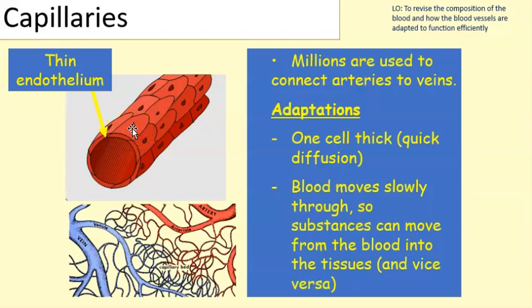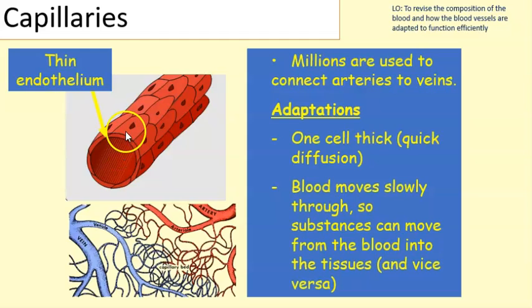That's a really important adaptation because it means that when the blood is moving slowly through the lumen, oxygen can be passed through this one cell into the respiring cells, and then carbon dioxide can quickly come back in. So it means gas exchange can happen as efficiently as possible, because if you think about the work that we've done on diffusion, it's quicker if the gases don't have to move very far.